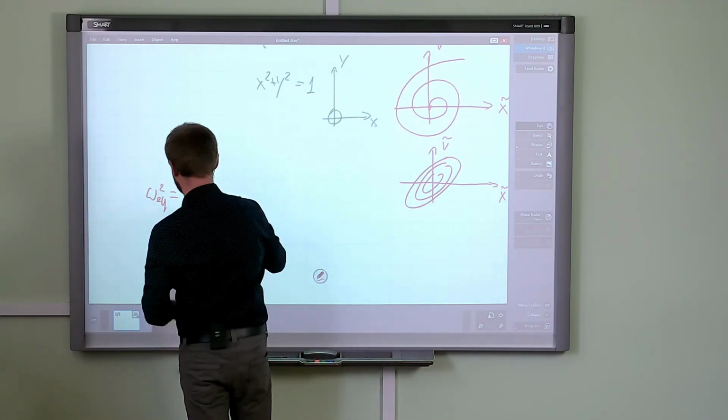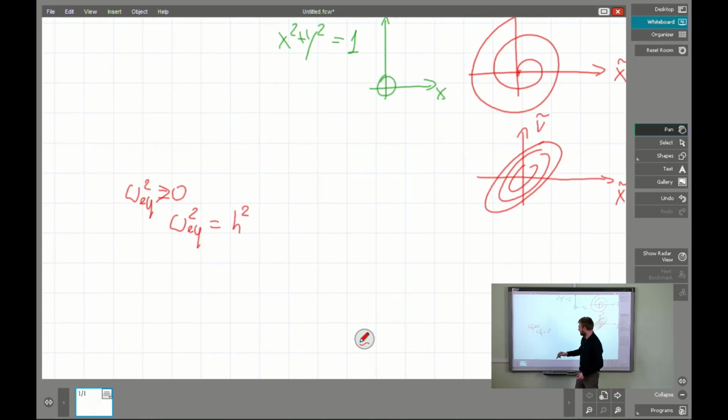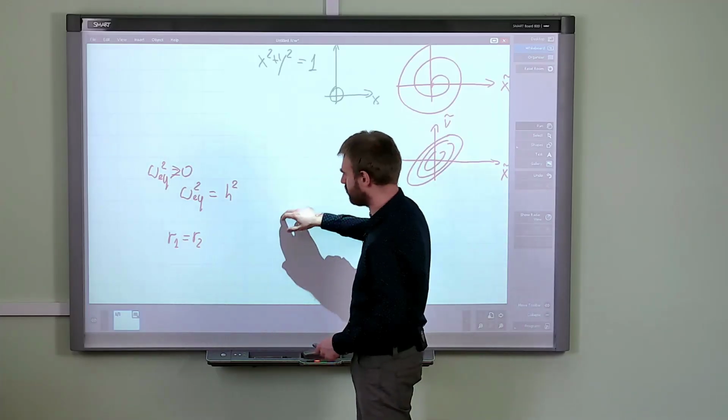Okay, and the last interesting case for us is the case where equivalent omega square is bigger than 0, but also equivalent omega square is exactly the same as h square. What does it mean? It means that as a solution we get exactly the same roots. I mean, r1 will be exactly the same as r2.